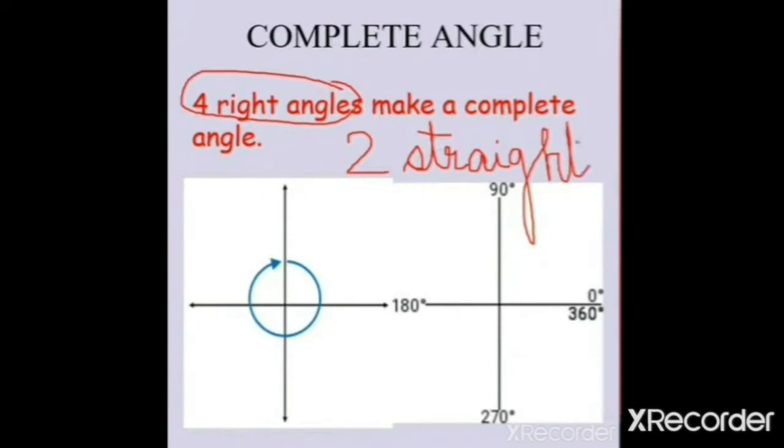It's 360 degrees. The measurement of a right angle is 90. The measurement of a straight angle is double that of 90. And the measurement of a complete angle is double that of a straight angle. If we turn the angle of 90 degrees 4 times, we'll get 360 degrees.